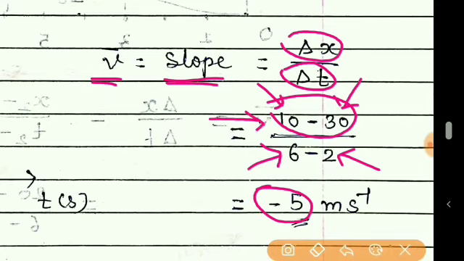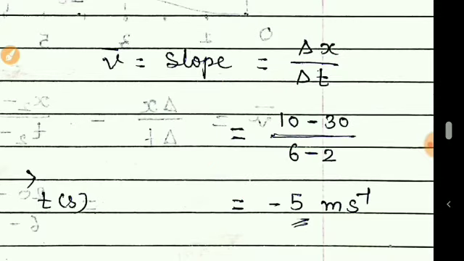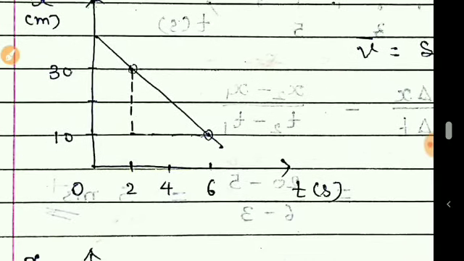Because in the numerator it is minus 20 and in the denominator the difference is 4. So 4 ones are 4, and 4 5s are 20. So the result is negative, minus 5 meter per second. So students, always remember, if the slope is downward, then it will give you negative.